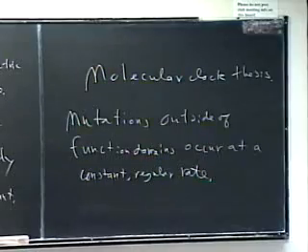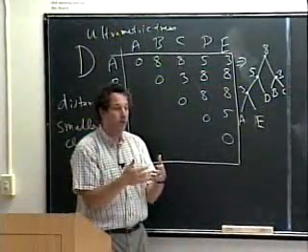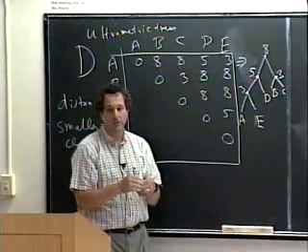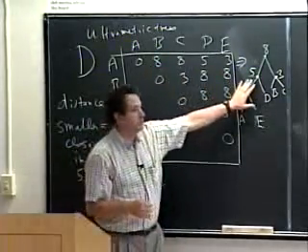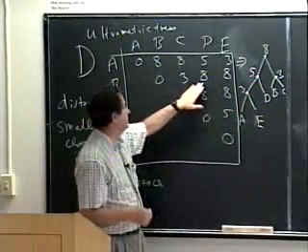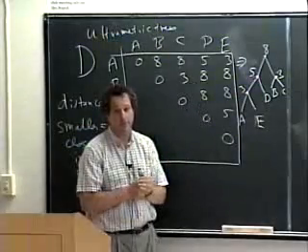Because these numbers have to do with differences between the two molecules. Why should they tell you anything about time? Remember, we said these numbers, if they're ultrametric, will give you a nice tree, and that tree will be meaningful if we believe that these numbers are proportional to time since divergence.